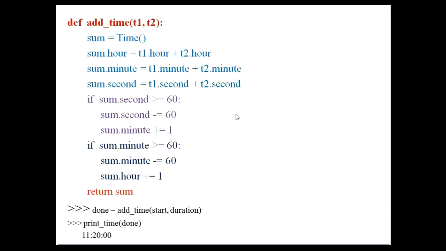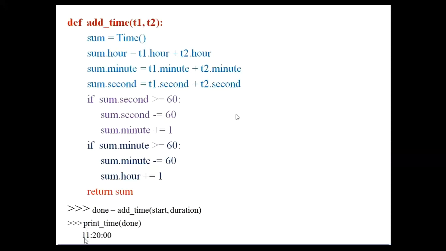Once again we are going to call the function add time, passing the same objects, and look at the output. Here also we have called add time and we are passing these two as parameters. It will return one object, sum, which will be saved in a variable time. This object will be passed to print time.